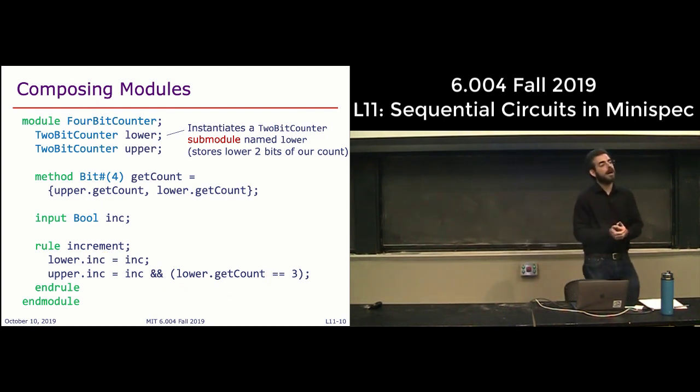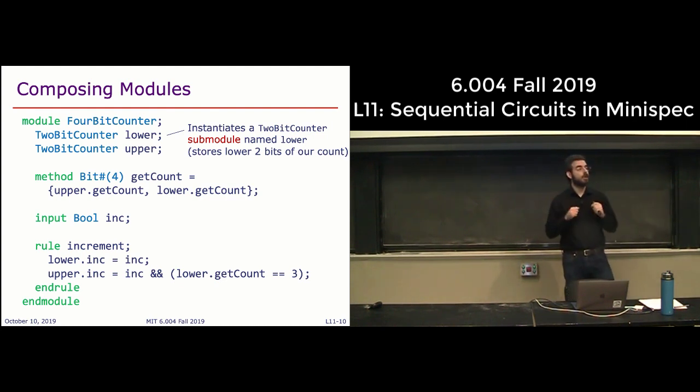It's at its maximum value, because then it's going to go to 0, and you would like to increase the next 2 bits by 1. So the lower will get to 3, the upper will have 0, and then the next cycle inc is set to 1, the lower will go back to 0, but the upper will be 1, and so overall our output will be 4.